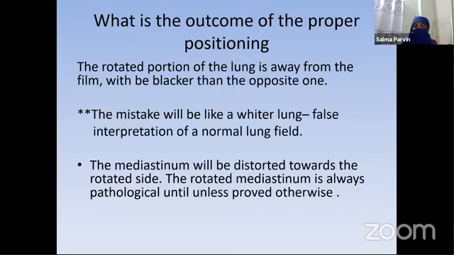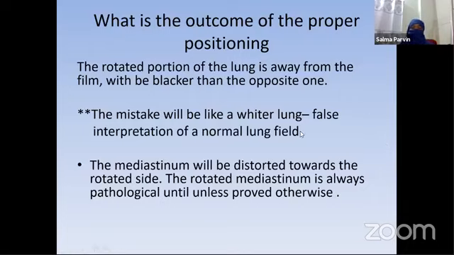If there is any distortion of the lung fields in association with the cardiac dimension being placed to the left, it is a normal scenario if the patient has a rotation to that side.